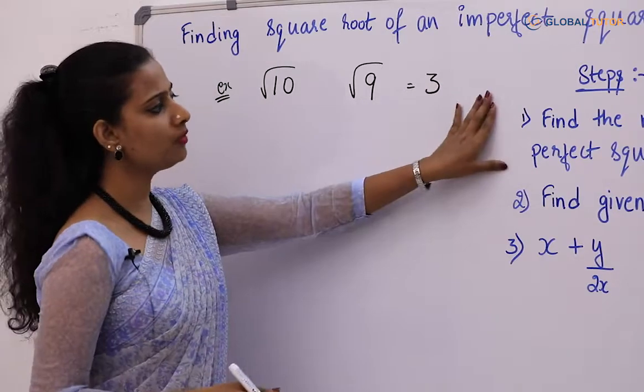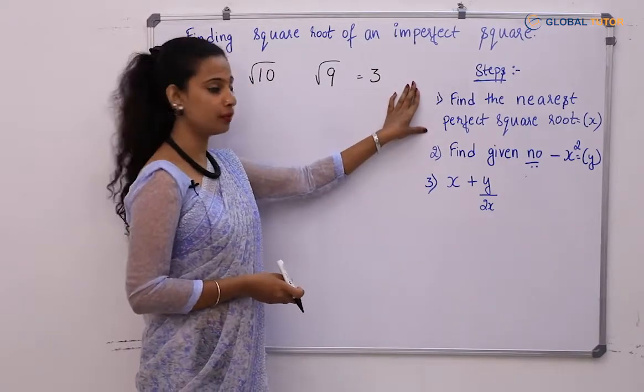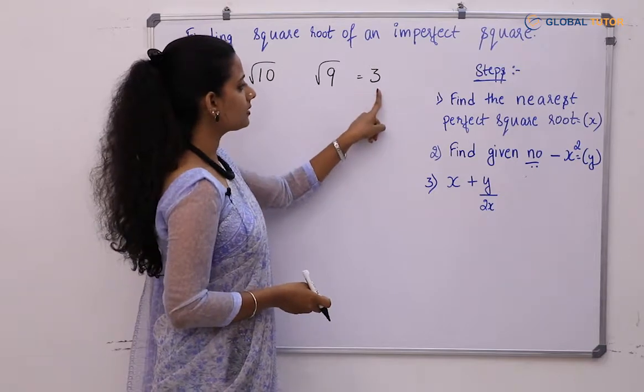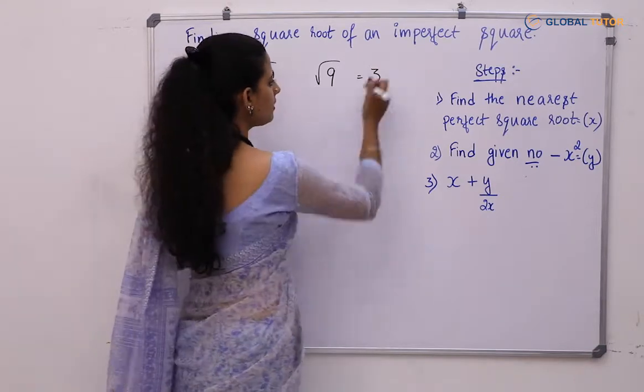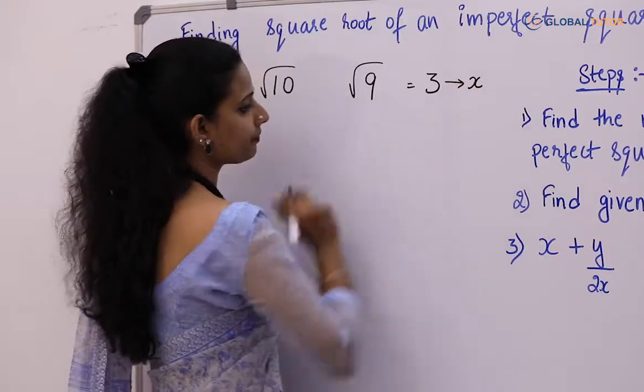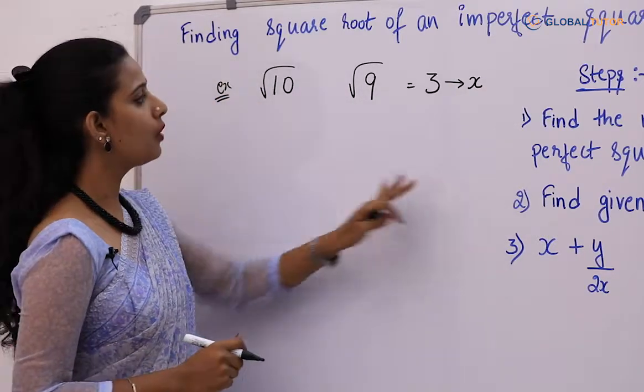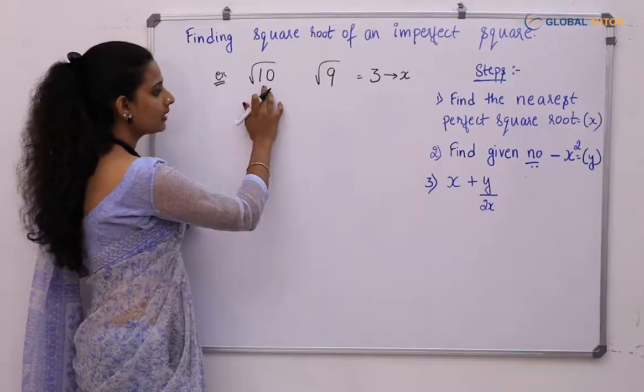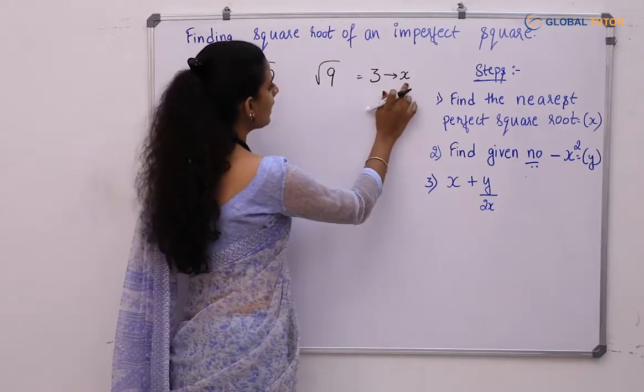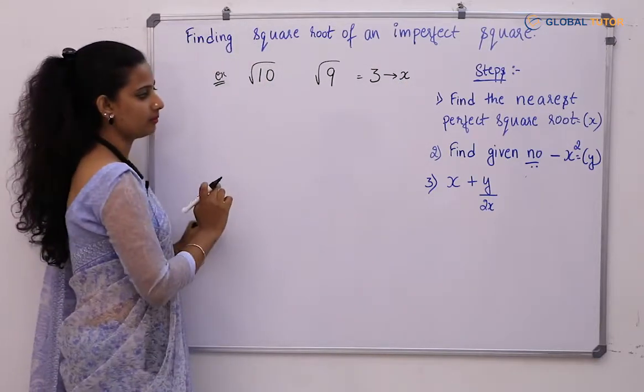Now, we know the first step is to find the nearest perfect square and its square root. Let us call this x. In our next step, whatever the given number is, we have to subtract x square from the given number.